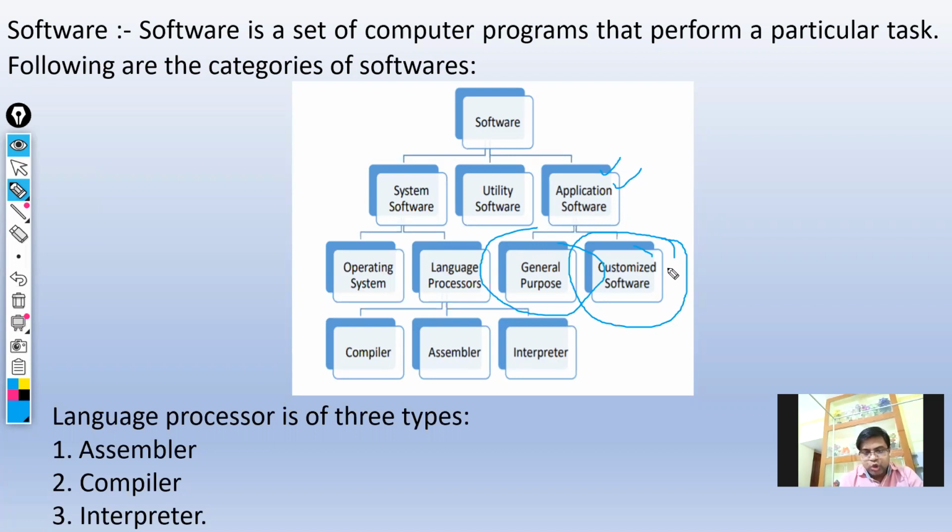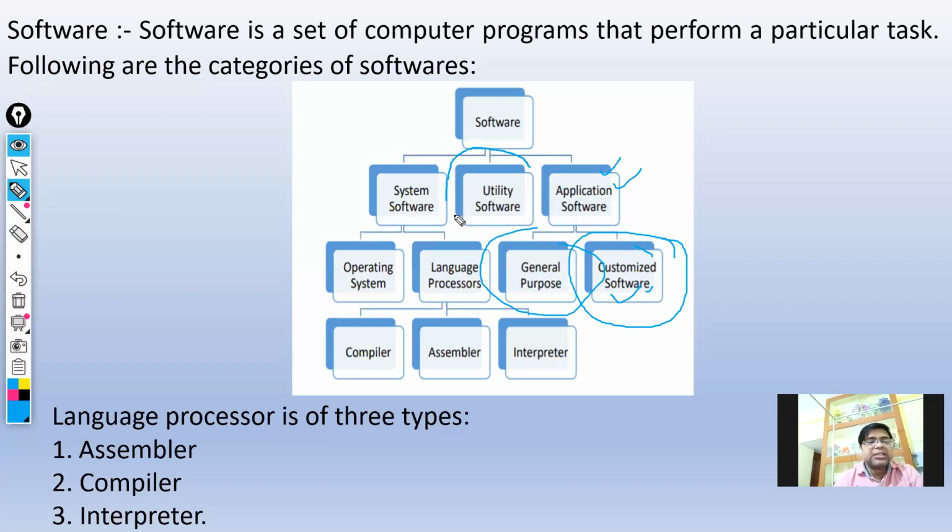If you have the school software, then only school type of work you can do in that. You cannot draw a picture. Reservation software and payroll systems, they all come under customized software.